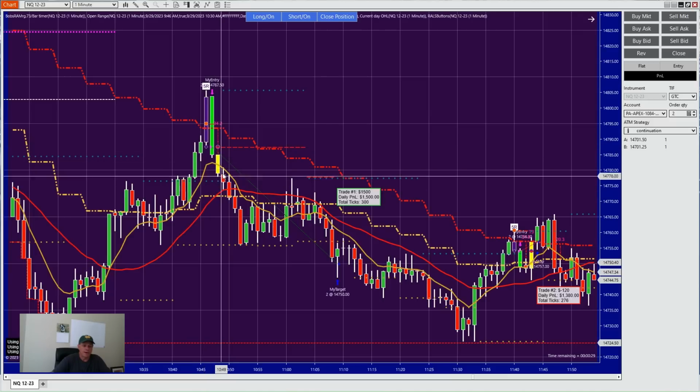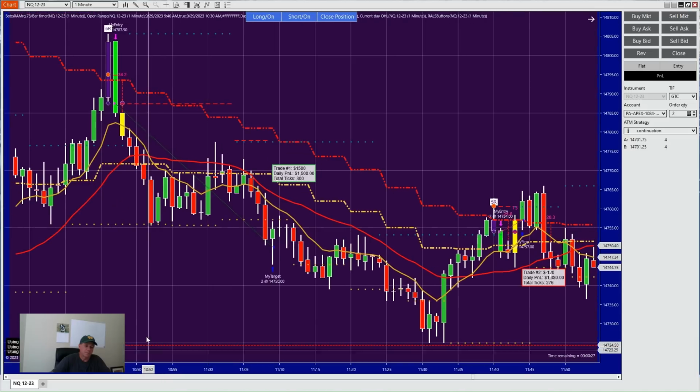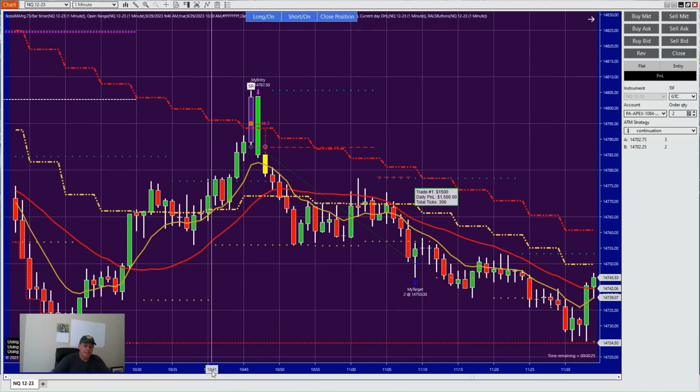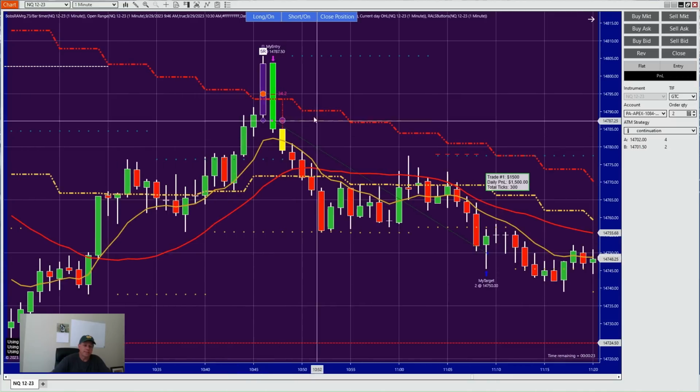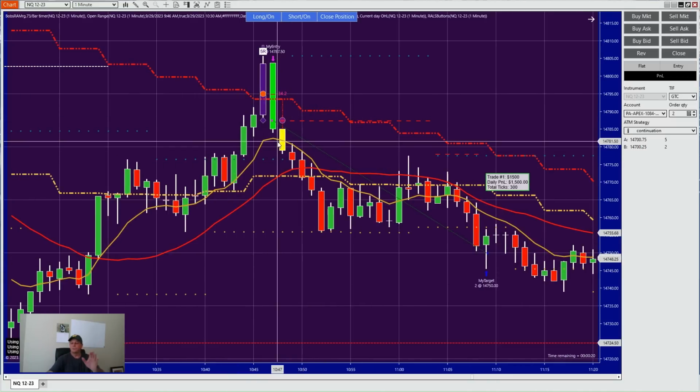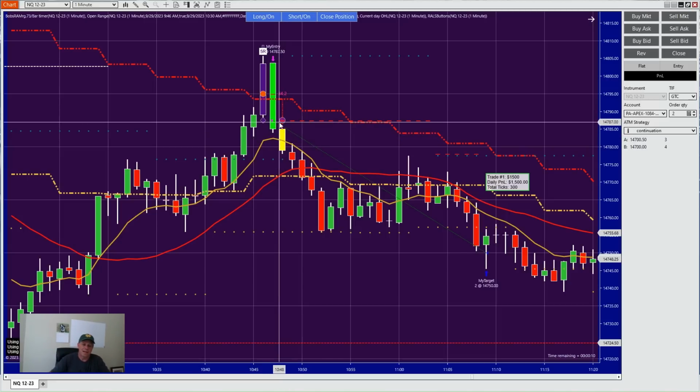So remember, I've said this before. I don't expect you guys to remember right at this point, but the yellow candle right here, that is your indication that you have gone to break even, that you have hit whatever the settings are for this trade to go to break even. So that's what this dot does.